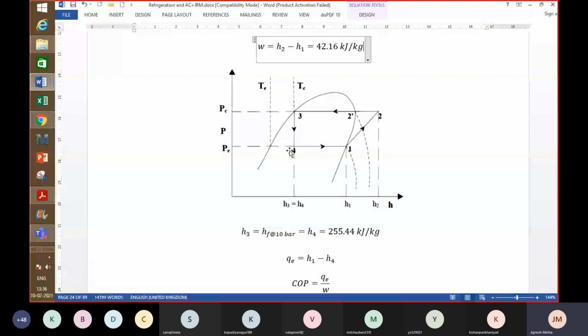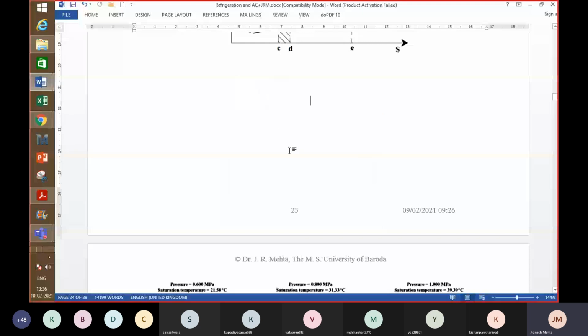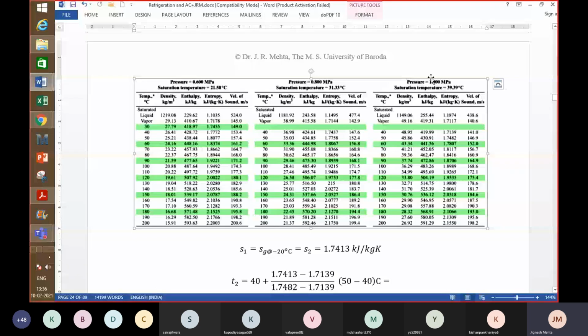You can get it from this table also, as I have already conveyed to you that this table, though taken from the superheated table, also provides you the saturated properties for the saturated liquid and saturated vapor.